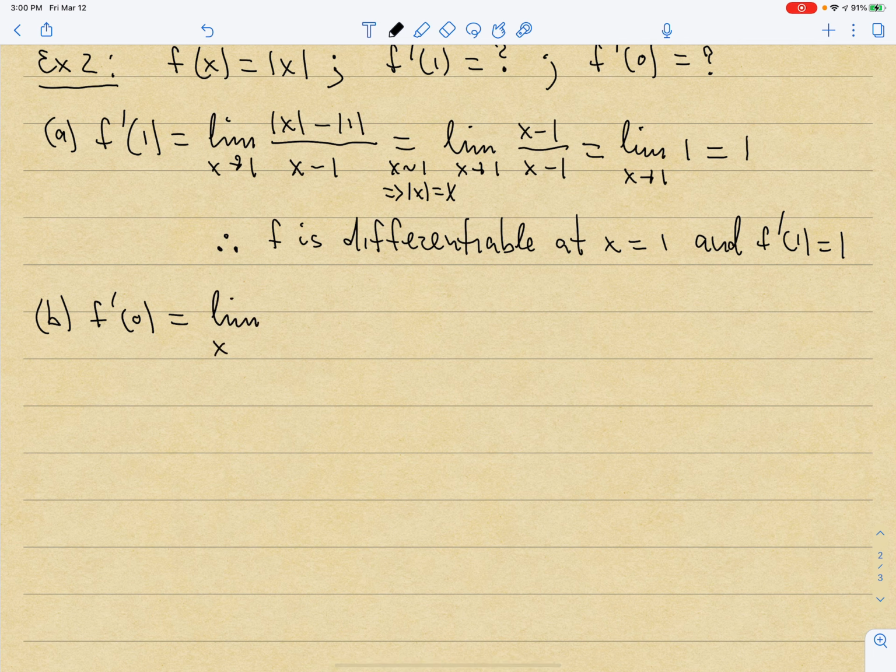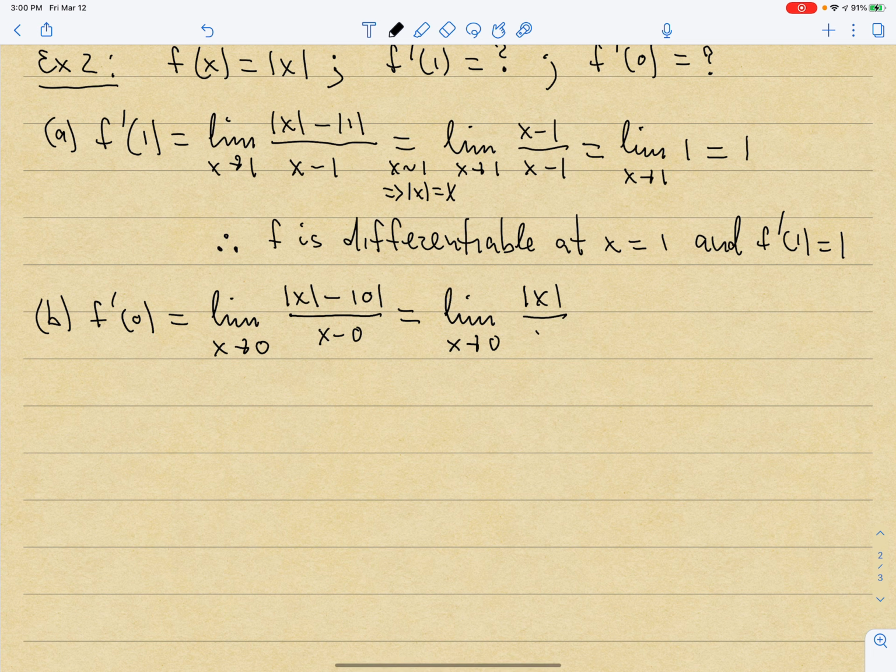Limit as x now goes to 0 of absolute value of x minus absolute value of 0 over x minus 0, right? This should be an indeterminate form once again. And it is, right? Because top goes to 0 and the bottom goes to 0. I can make this easier by getting rid of 0.